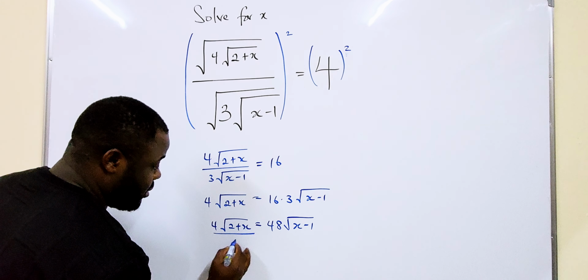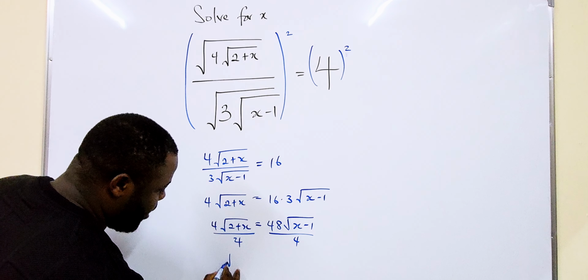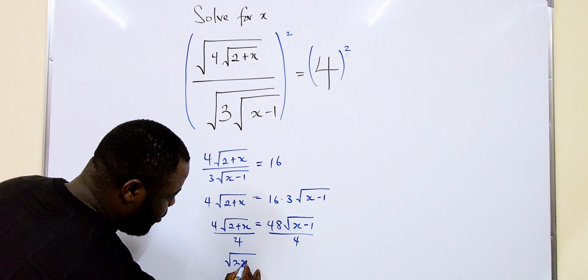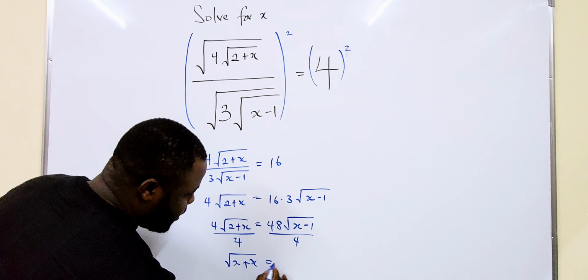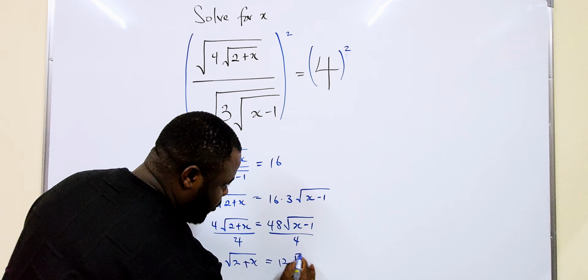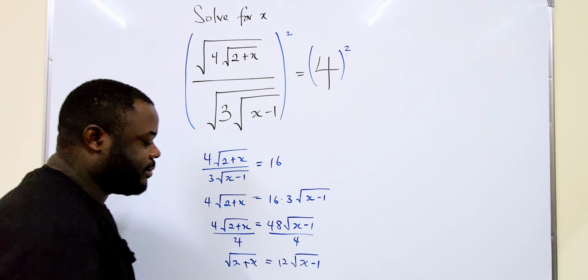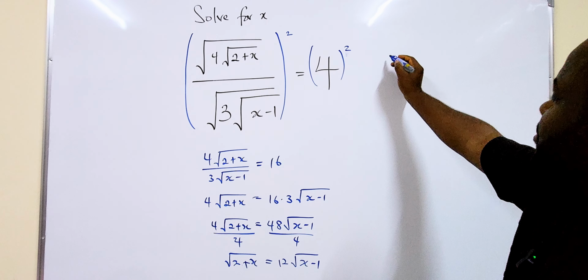So I can divide both sides by 4. I will now have square root of 2 plus x equals 48 divided by 4, which gives you 12, square root of x minus 1. Let me write it here because we don't have space there.